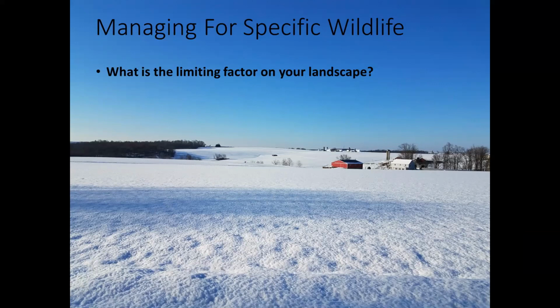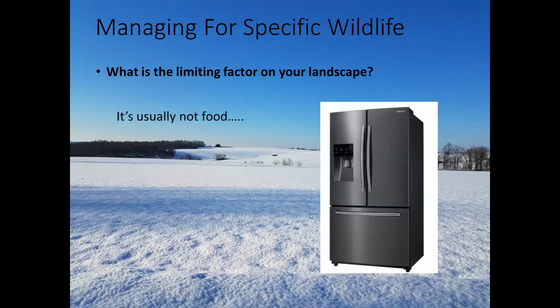And so I think for some reason, and maybe it's just because we're Americans, we're always just thinking about food. When people think about wildlife management, they want to think about creating food plots and that kind of stuff. Maybe your oaks and your hickories for food, but they don't need more food per se on this landscape.